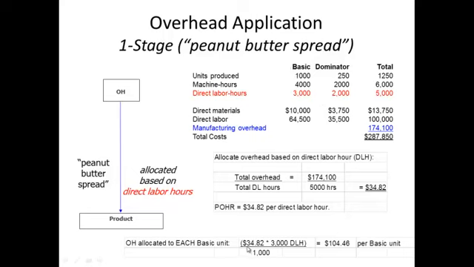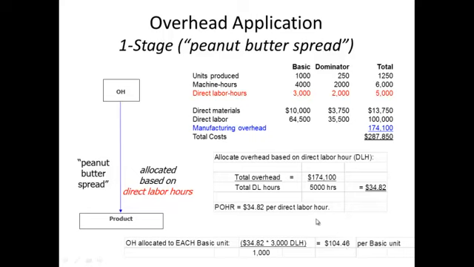The overhead rate is $34.82. Let's multiply that by 3,000 direct labor hours. That gives us the total amount of overhead to be allocated to the entire basic product line for the entire year. And then I simply divide by 1,000 to convert it to a per unit basis. So each unit of our basic product would be allocated $104.46 of overhead.